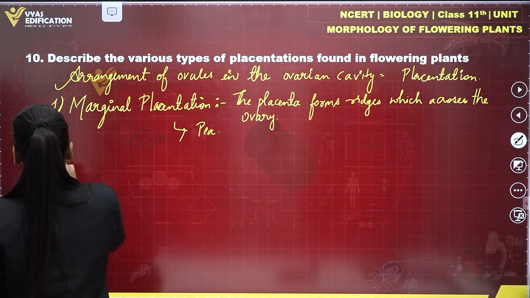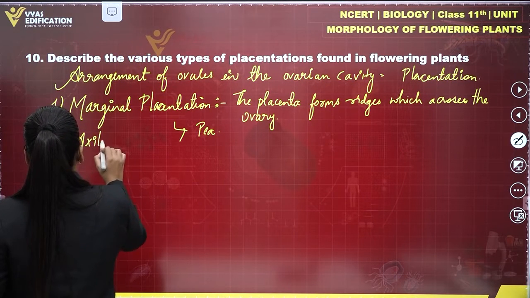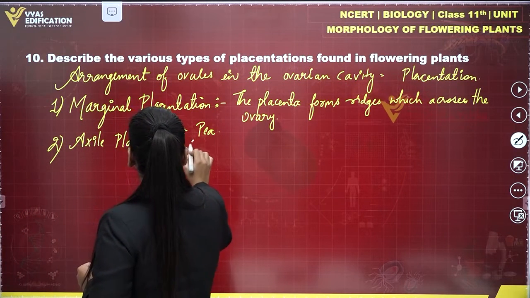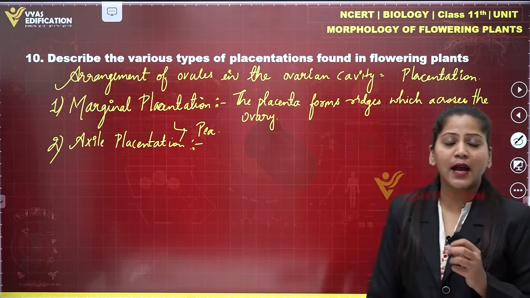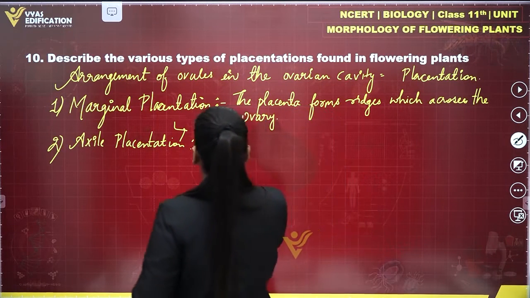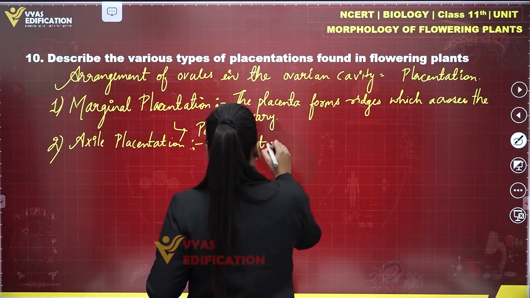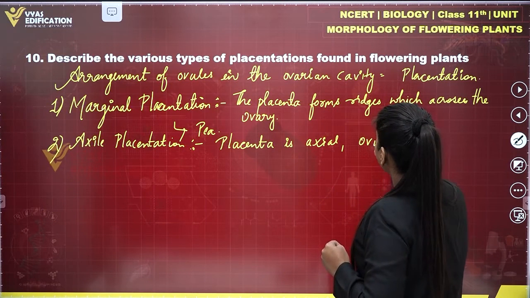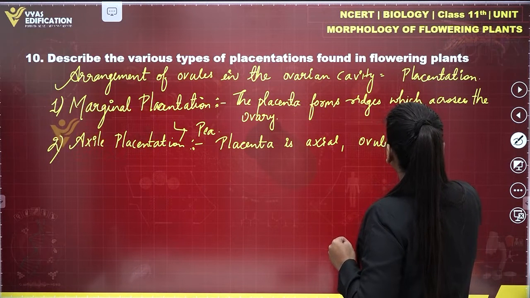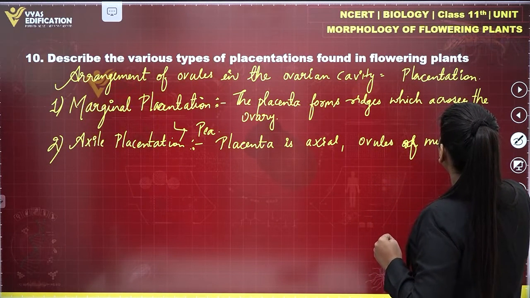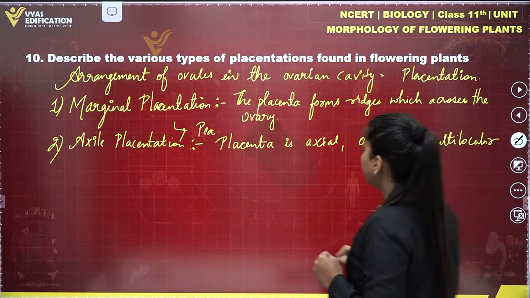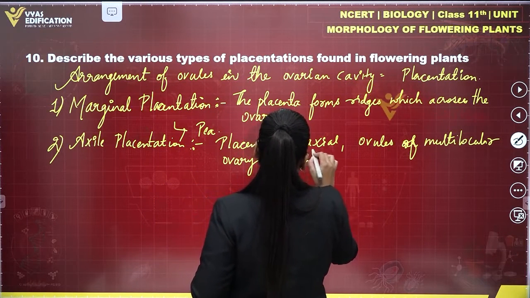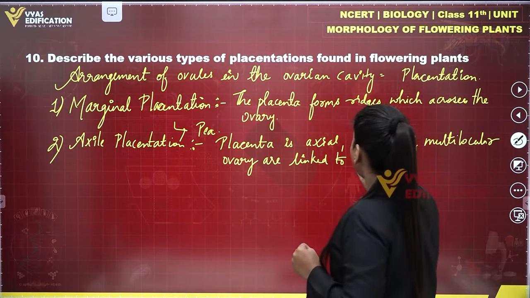Then the next type of placentation we have is axile placentation. In axile placentation, the placenta is axial, and the ovules of a multilocular ovary are linked to it.